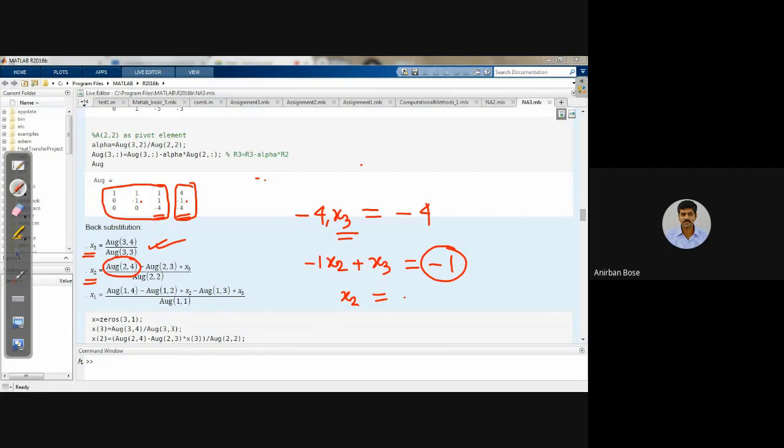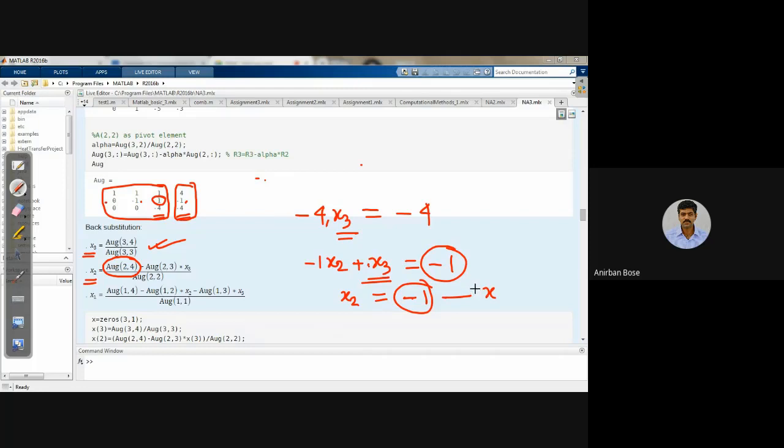That means in the second row, fourth column, augmented to 4, minus this one. What is this one? That is augmented to 3 into x3. Augmented to 3 means second row, third column, corresponding to x3.